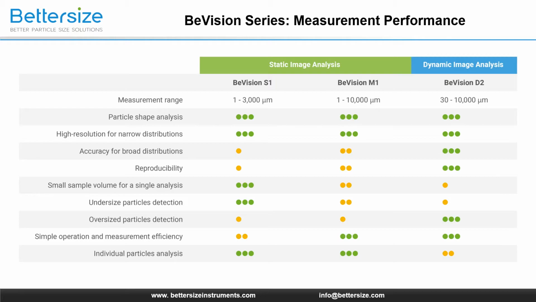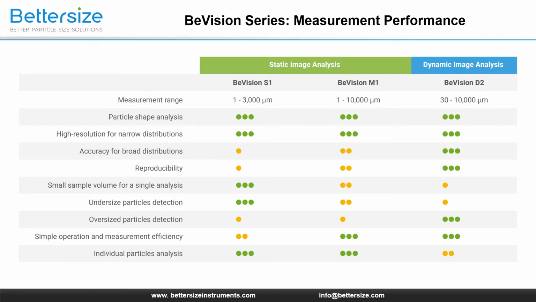Following the difference between the two kinds of image analysis methods, the dynamic image analyzer, which is Bevision D2, can accurately analyze samples with a broad PSD, and the reproducibility is better. Comparatively, the static image analyzers require a smaller sample volume and are more sensitive to undersized particles.